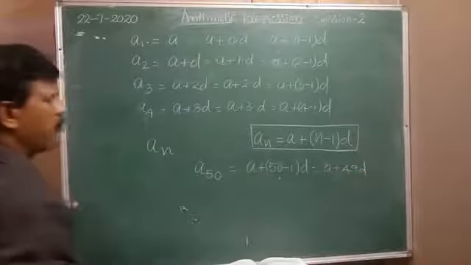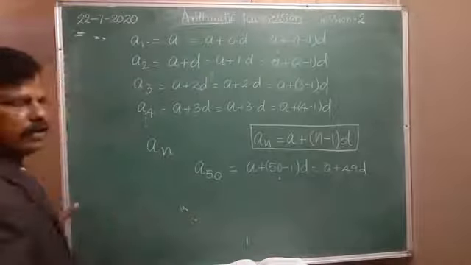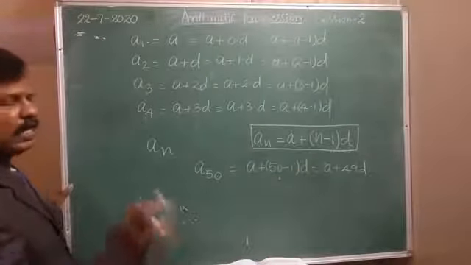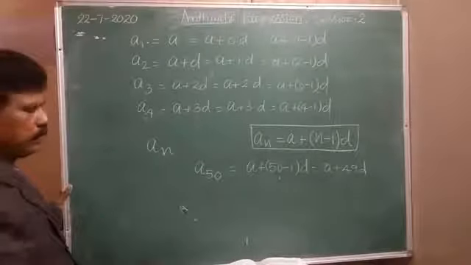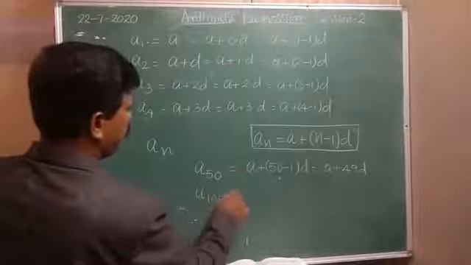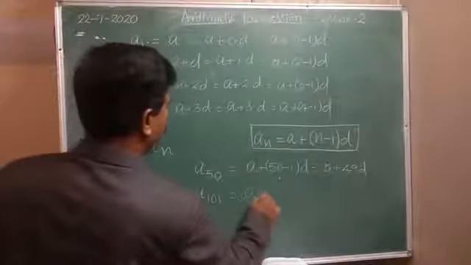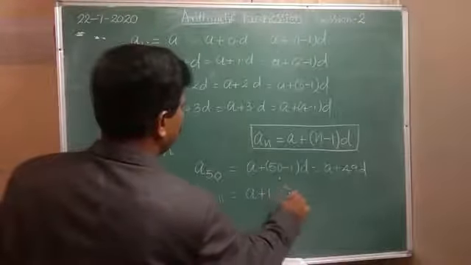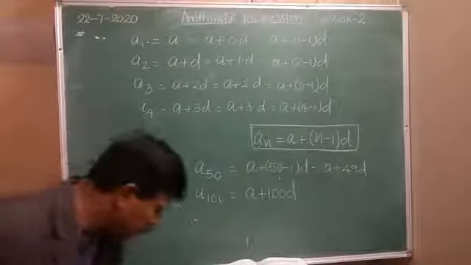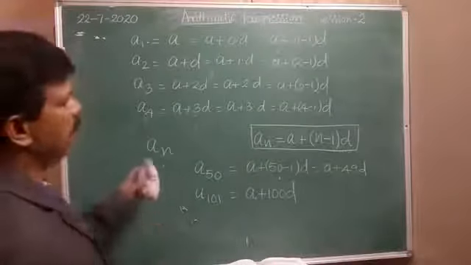While solving a problem, if you are finding a50, then directly you can write a plus 49d, one less than the number they asked. Similarly, a101 equals a plus 100d. This is how to write the terms of an AP.